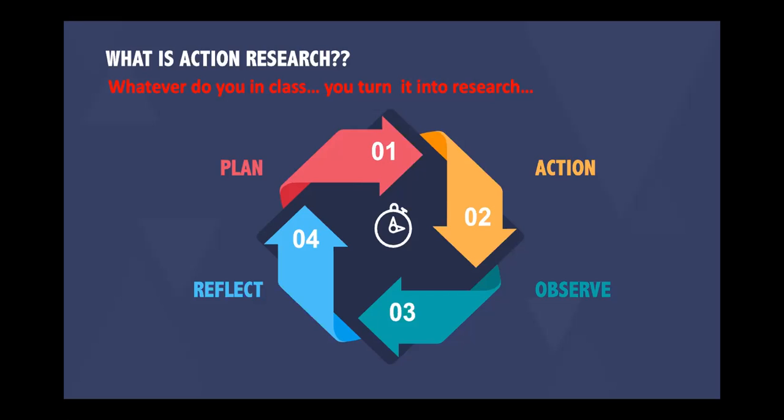Then after the reflection, okay, how about I do this differently? For example, if the first time I did 1, 2, 3, next week I'm going to do 2, 3, 1. For example, the steps. All right. So that is how we do action research.